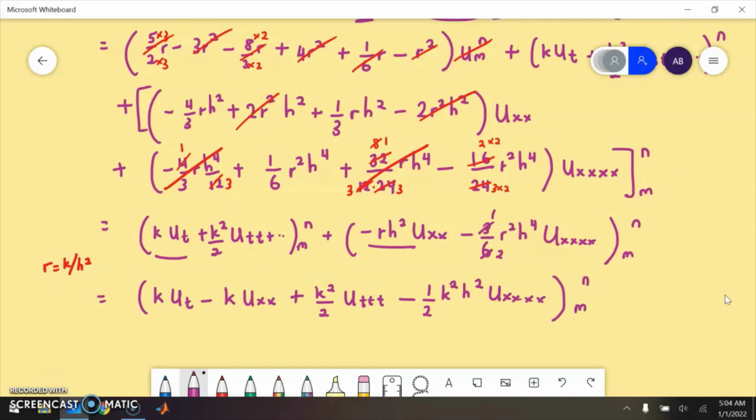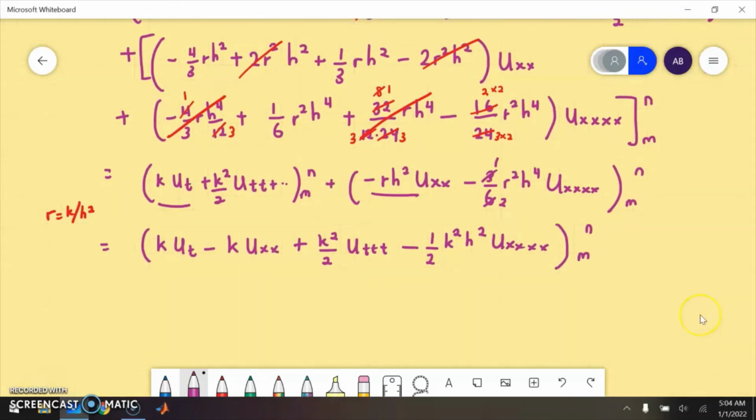Now, since we are solving the heat equation, this is our heat equation. If I take out this term k, I have ut minus uxx. And then take out the common term involving k squared over 2. I have uttt minus, sorry, I don't have h squared anymore.